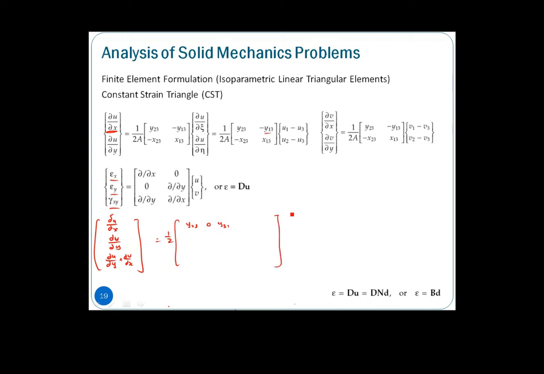We have to write in terms of the nodal values u1 v1, u2 v2 and u3 v3, which gives us our 6 times 1 matrix. This is our 3 times 1 matrix, and the 3 times 6 matrix is our B. So B times U gives us the strain information.